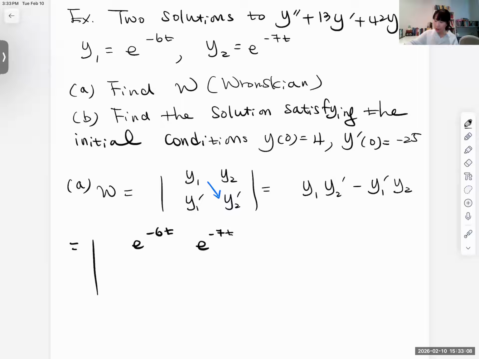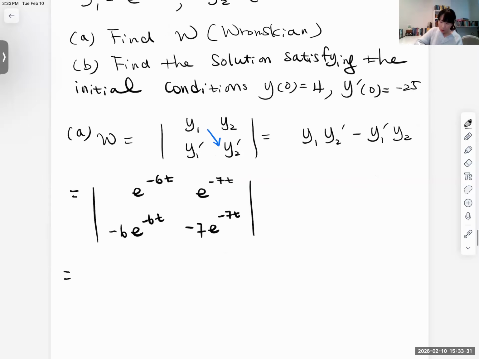So we do derivative, y sub 1 prime, so negative 6 e to the negative 6t, and second one, negative 7 e to the negative 7t, right? Okay, so we multiply, so we have negative 7 e to the negative 6t and minus 70, right?